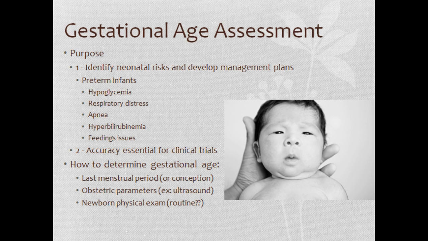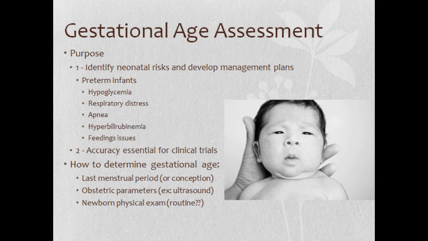Whether you do a full-blown Ballard scale assessment where baby ends up with a number that corresponds with a certain gestational age, or whether you're just being cognizant of the items on the gestational age assessment scale as you're doing your newborn exam to ensure that there's a good general gestalt for this baby to meet up with what everybody was expecting. So you have a 39-weeker, you're doing an exam, and your findings are essentially consistent with a 39-weeker. There's not necessarily a reason to do the full-blown gestational age assessment.